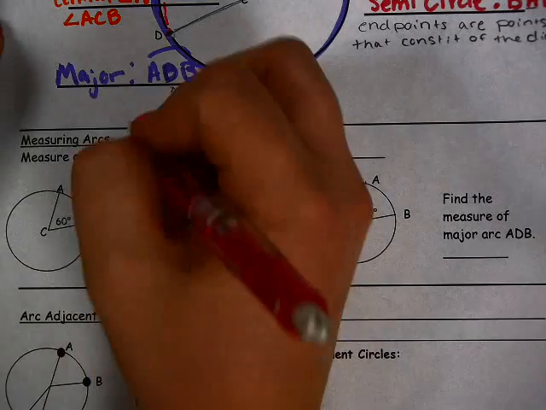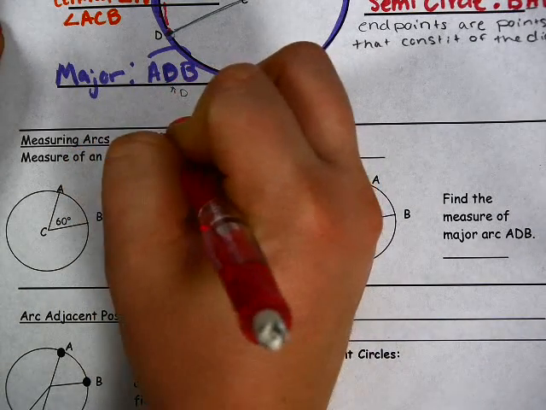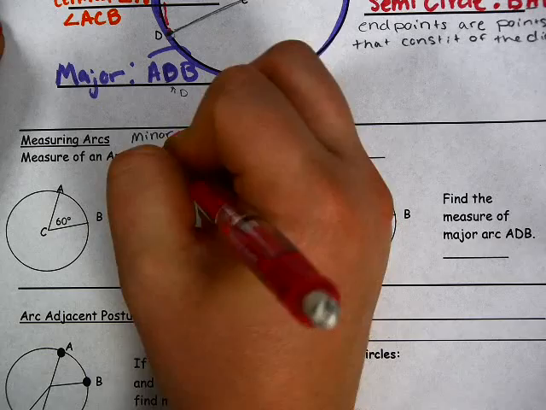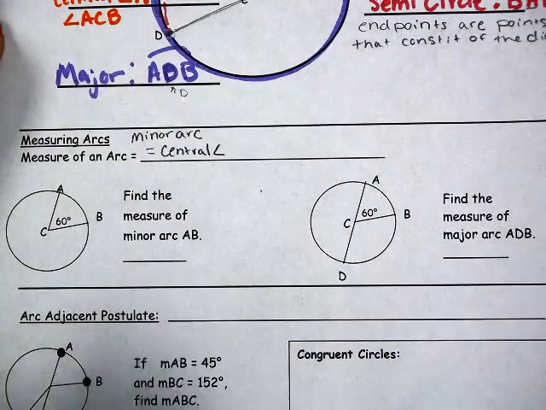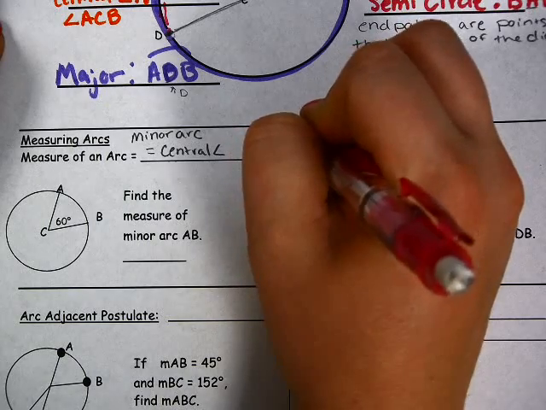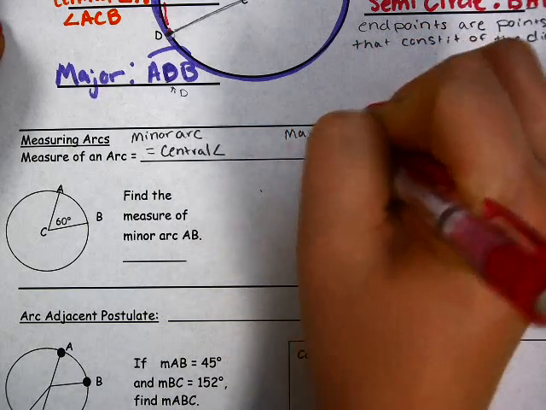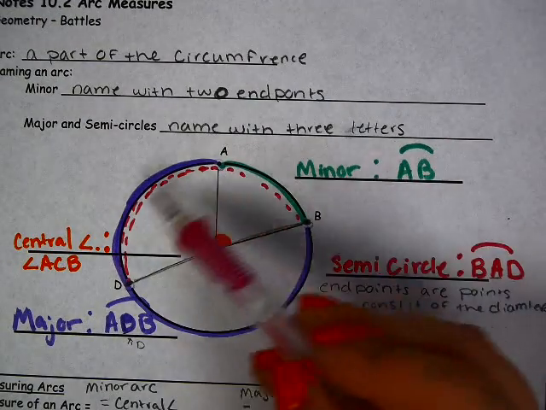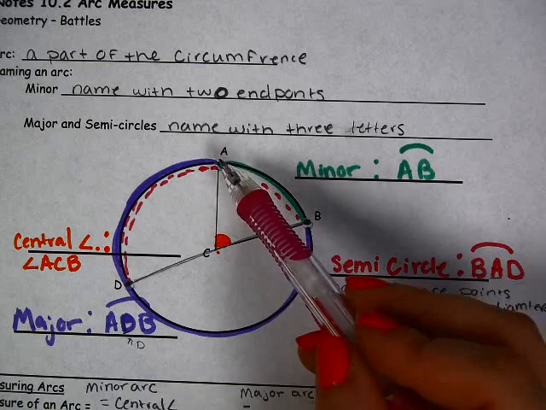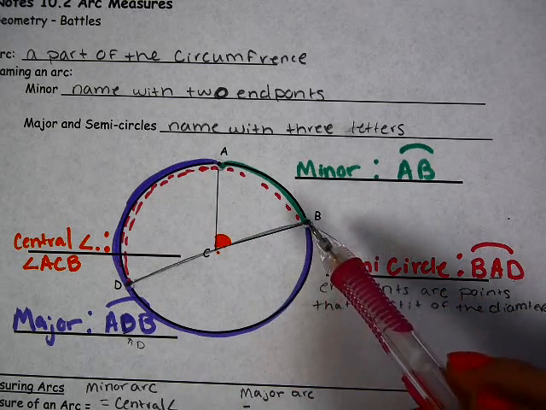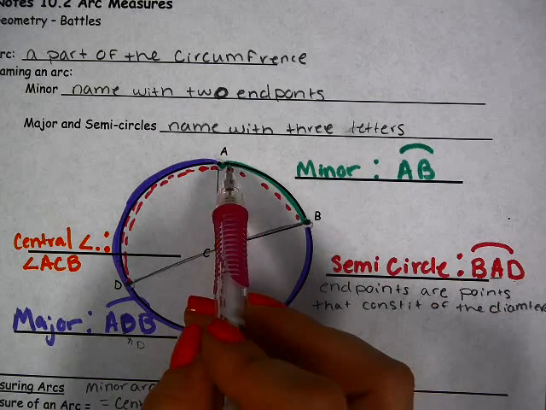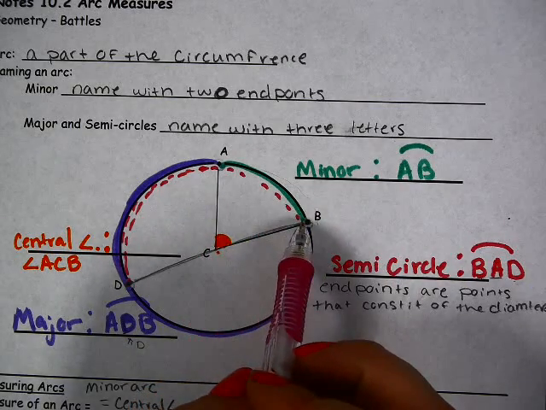If you have a minor arc, the minor arc is equal to the central angle, and then a major arc is equal to, if you think about it, 360 degrees for this whole circle, and then if you want to know from here all the way to here the measure of this major arc, then you're going to have to subtract 360 by your minor arc.